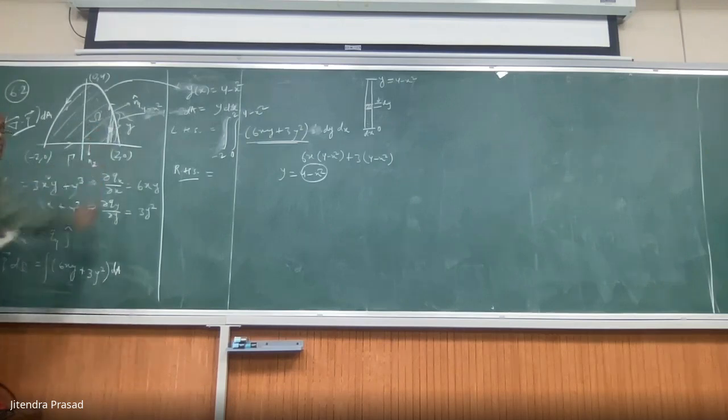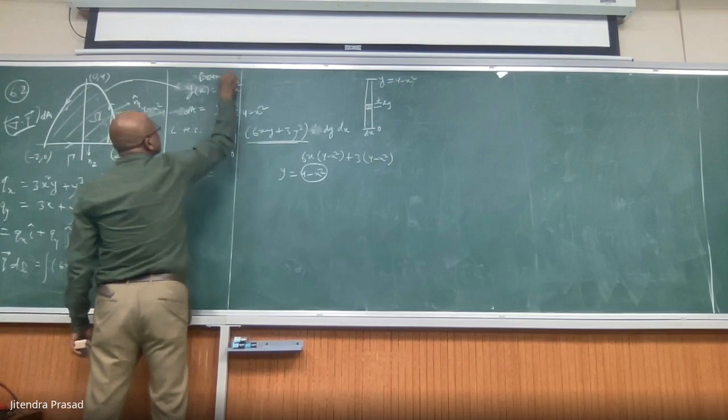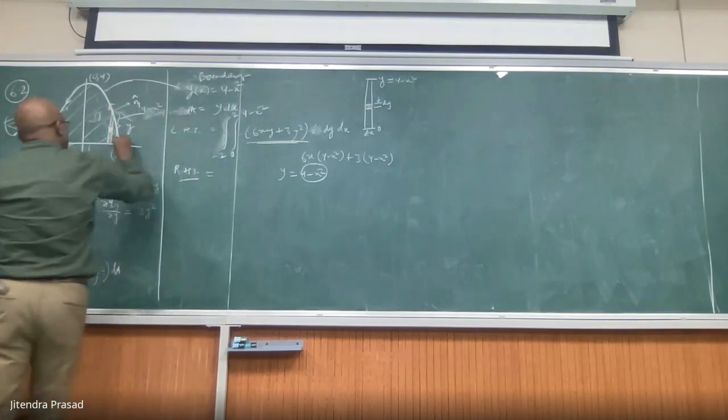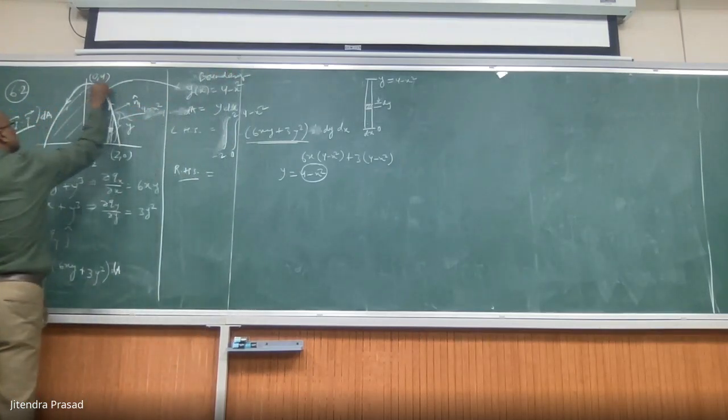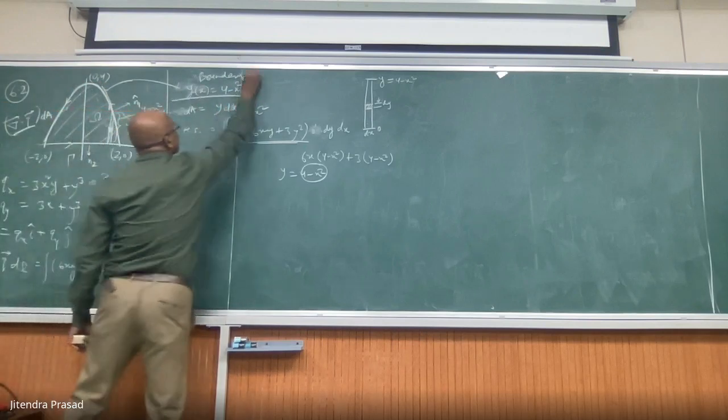Sir, actually that y is dy. When you wrote it, that should be dy. Yeah, but that is the boundary. This is the boundary only, no? This curve is given by y equal to 4 minus x square. See, it's just a boundary. It is not everywhere.